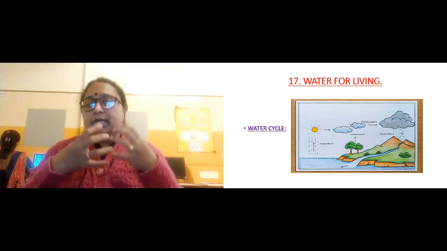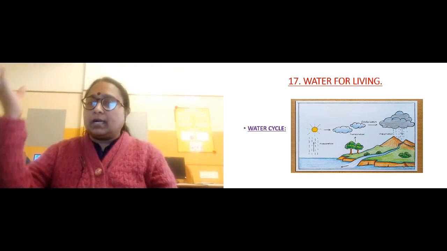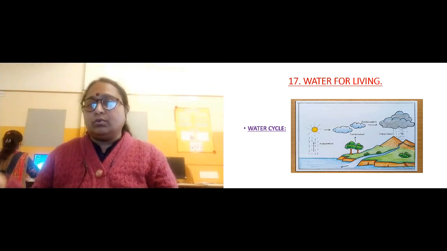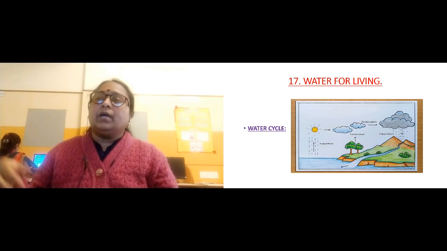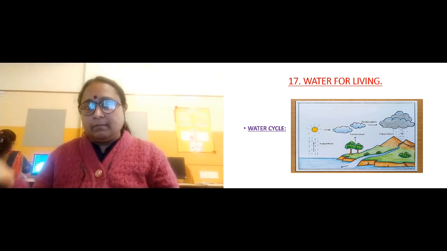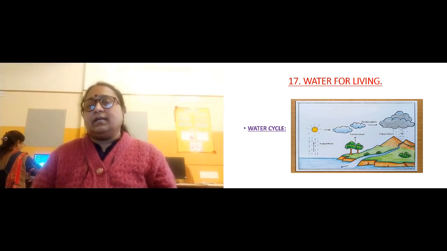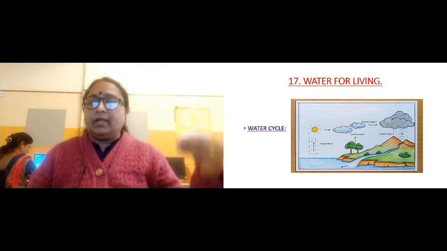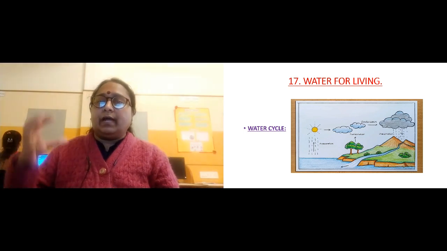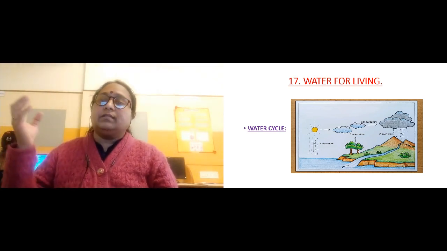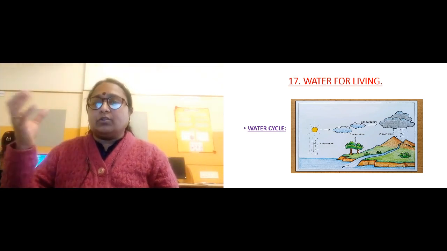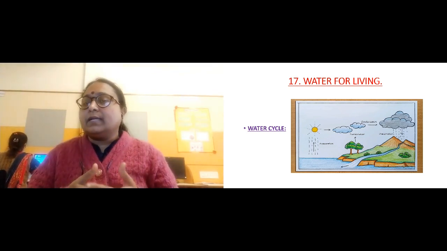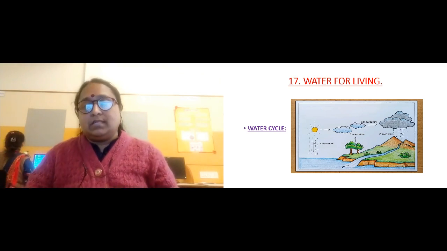And when the clouds become heavy, they slowly come down to the earth as rain, and sometimes as snow, hail, etc. And once the rain comes down, it gets collected in the ponds, lakes, rivers, even wells, tube wells and all. So these rivers and lakes, streams, springs and all, it gets collected, and then slowly they release all the water, they join the sea.